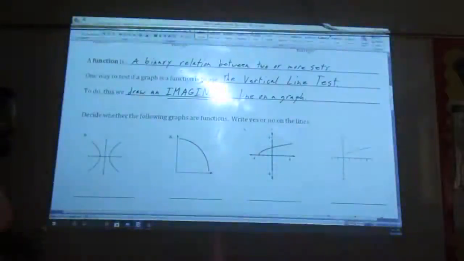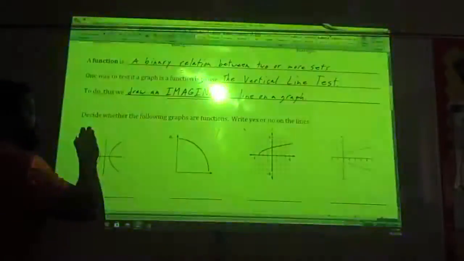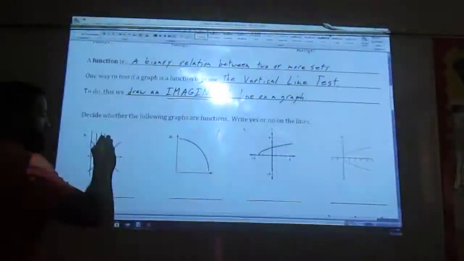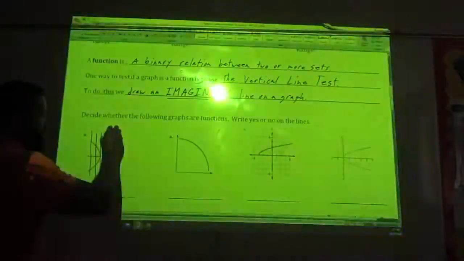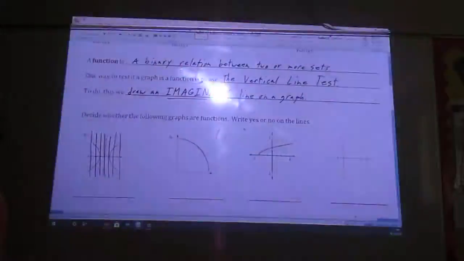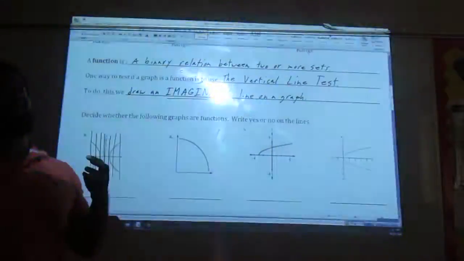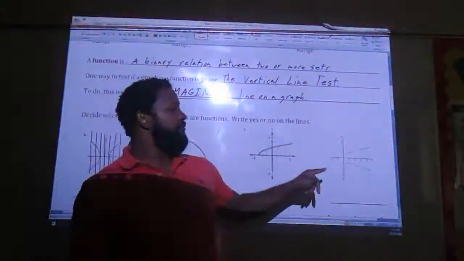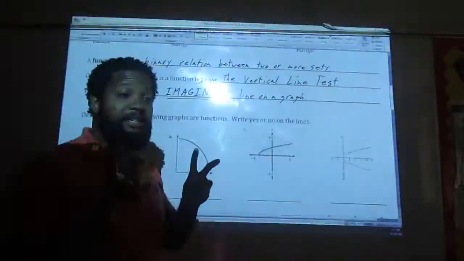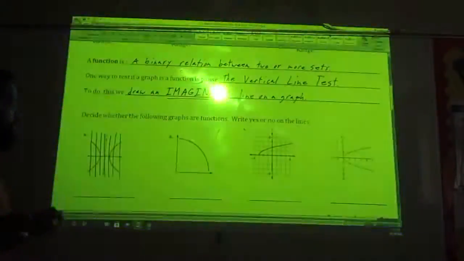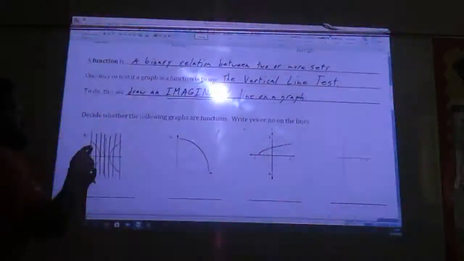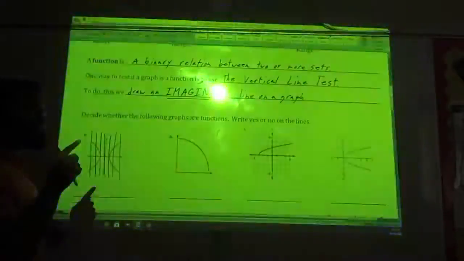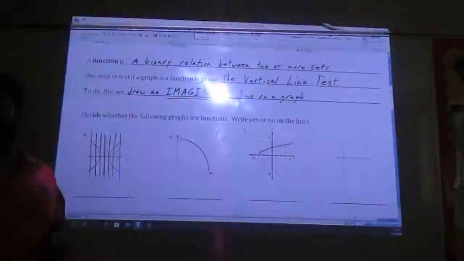So, theoretically speaking, just draw imaginary lines. And if this function hits these imaginary lines more than once, then it is not a function.